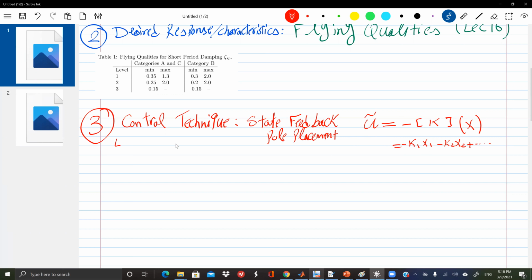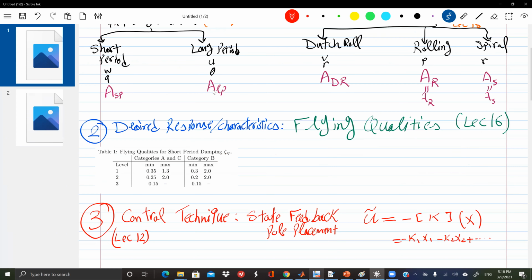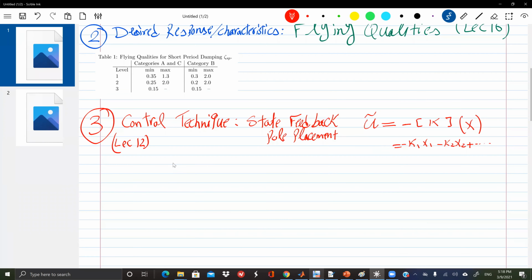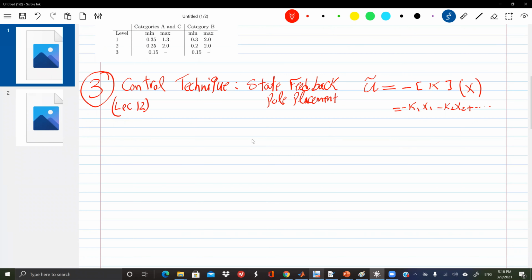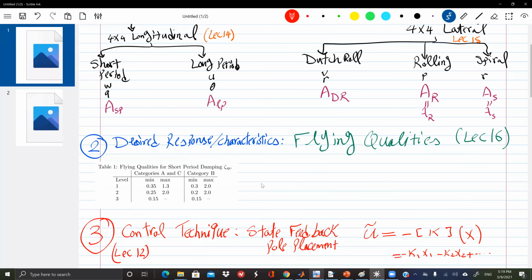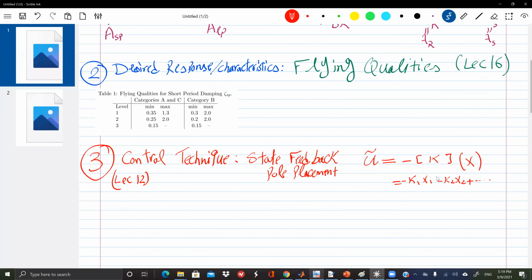And this is what we did in lecture 12. So this is why I'm saying this lecture really brings stuff from lectures 14, 15, 16, and 12 together. This is why it will be in the final in 2 problems. Given my system, given the desired response, and given a way that allows you to achieve this response.